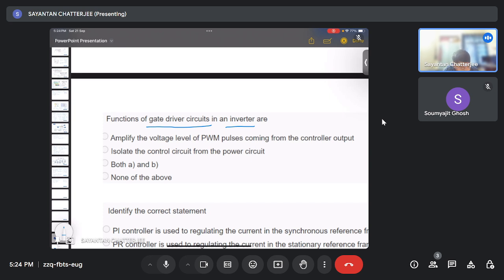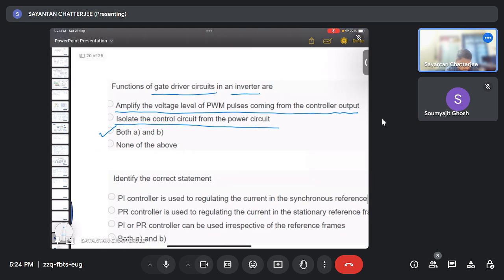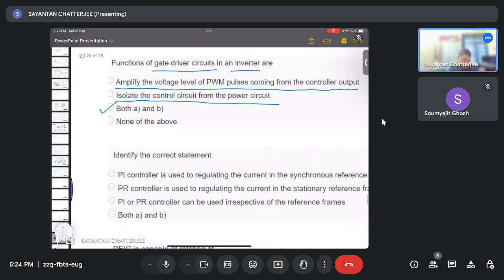So here we can see that the gate driver circuit's aim is to amplify the voltage level of the control output as well as to isolate the control circuit from the power circuit. So both are right. So option C is correct, both A and B.